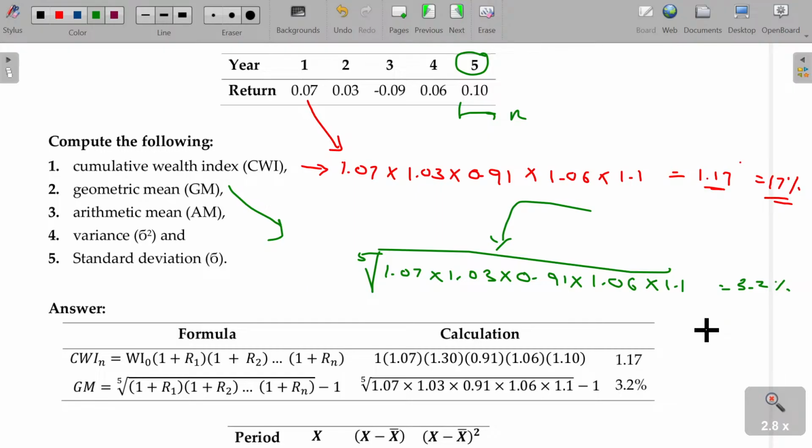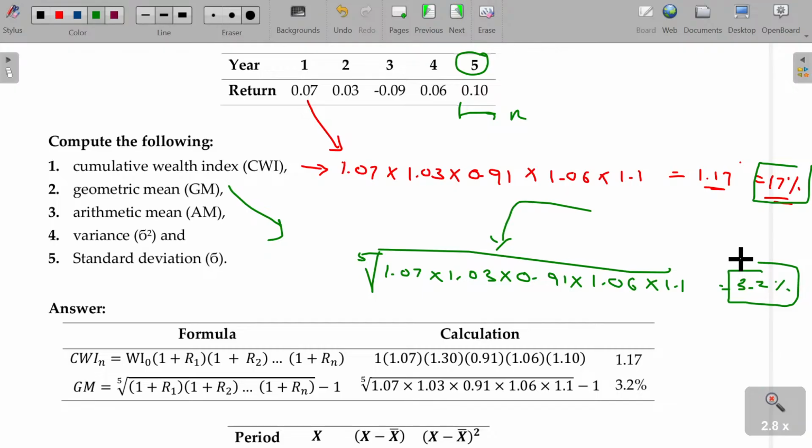Between the cumulative wealth index and geometric mean, if I ask you, which is the best one, sir? As per the cumulative wealth index, this company gives you 17% return. But as per the geometric mean, you get only 3.2%. If you are interested to invest in an investment scheme that gives you at least a 10% return, as per the geometric mean you don't choose this because it gives you only 3.2%.